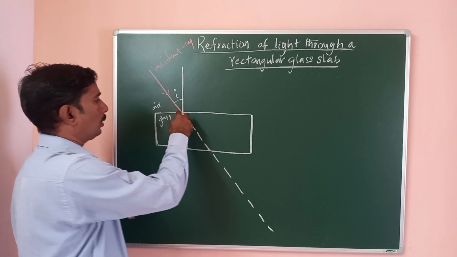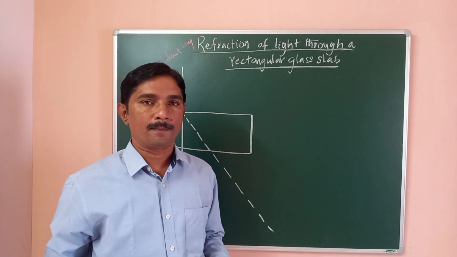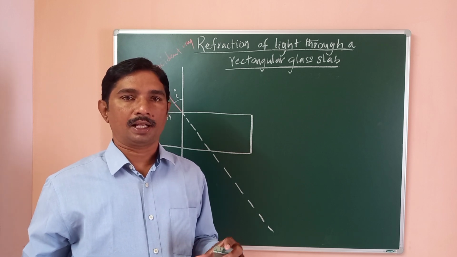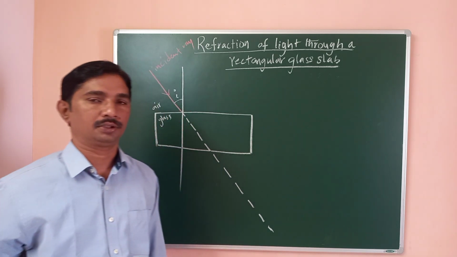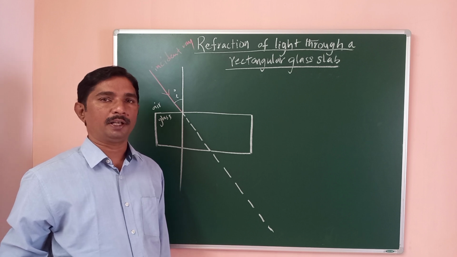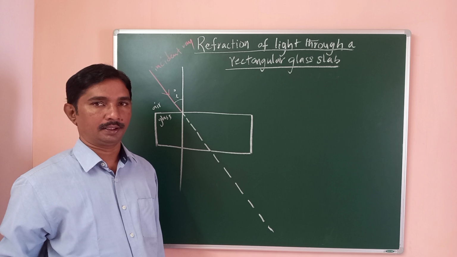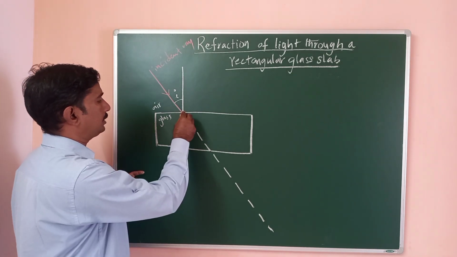When light goes from air to glass, the velocity changes due to the molecular arrangement: in air the molecules are quite far from each other, and in glass they are quite close. The change in velocity of light when it goes from one medium to another is called refraction of light. As the velocity changes, the direction of the light changes.